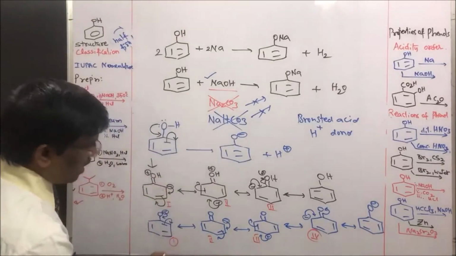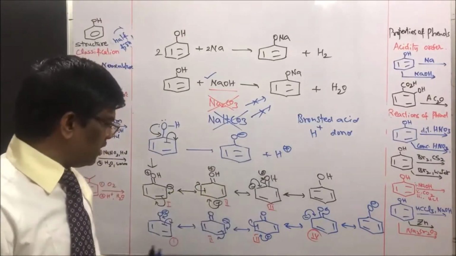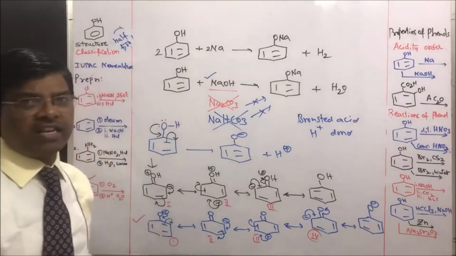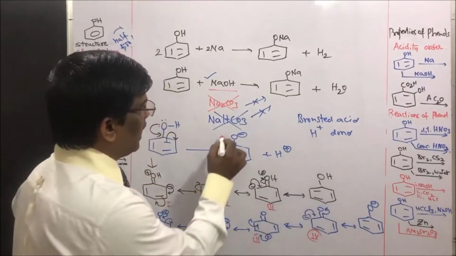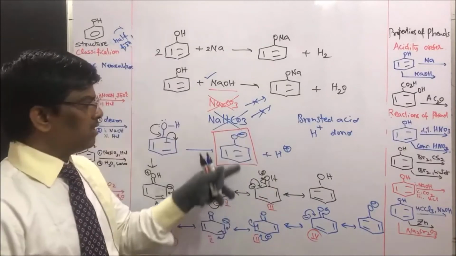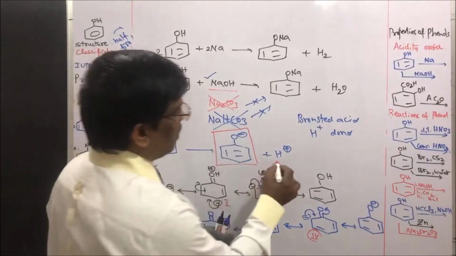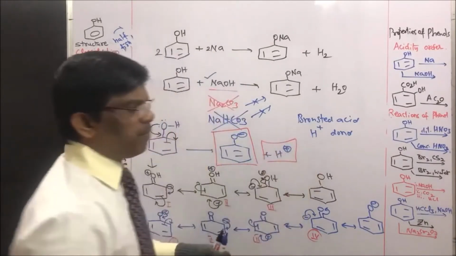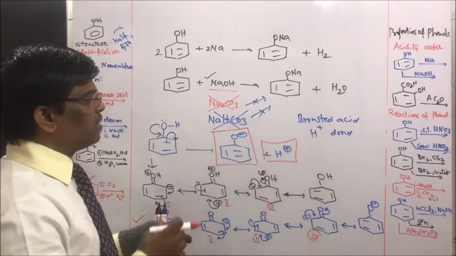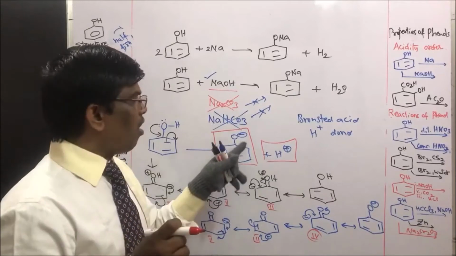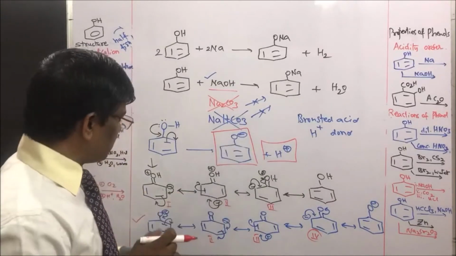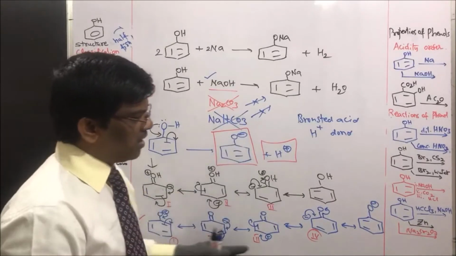So phenol, upon losing H plus ions, has 4 resonance structures. That is why it is common to say that phenol exists in the form of the phenoxide ion. So it easily loses H plus ions, because by losing H plus it gives a stable phenoxide ion, which has more resonance structures than phenol.